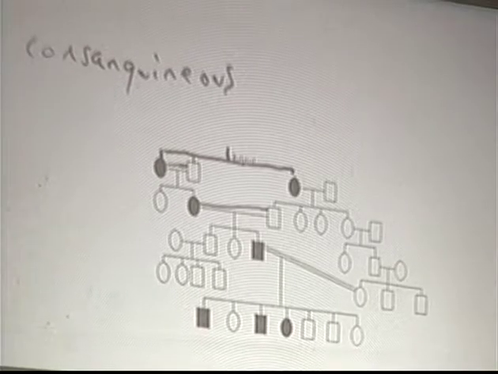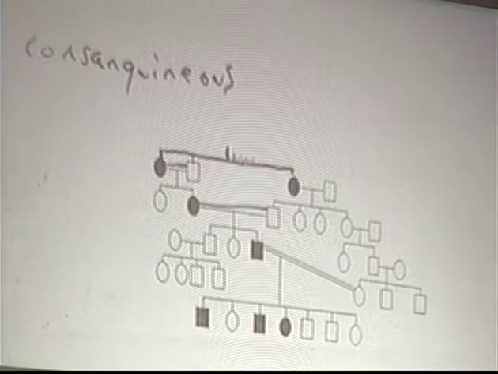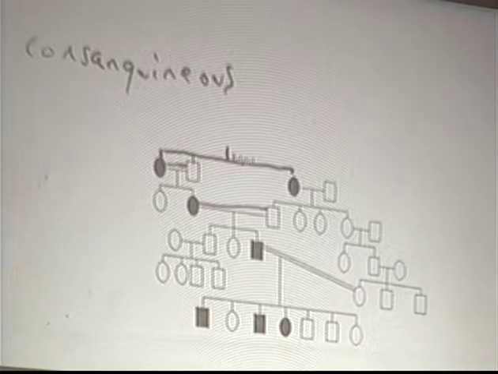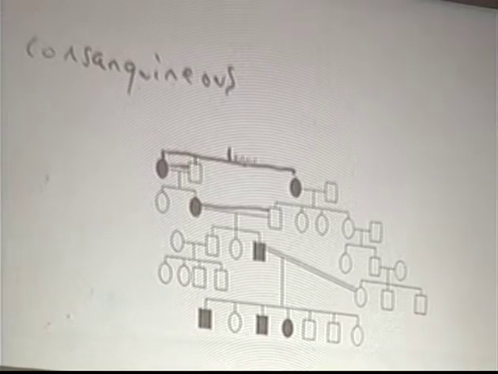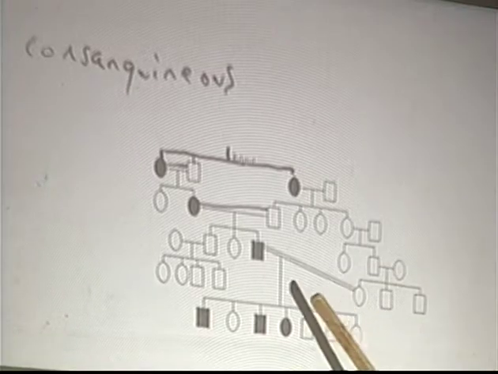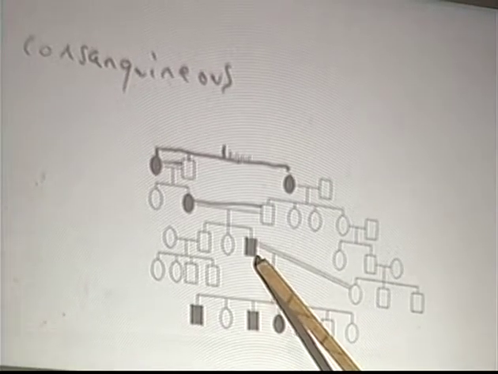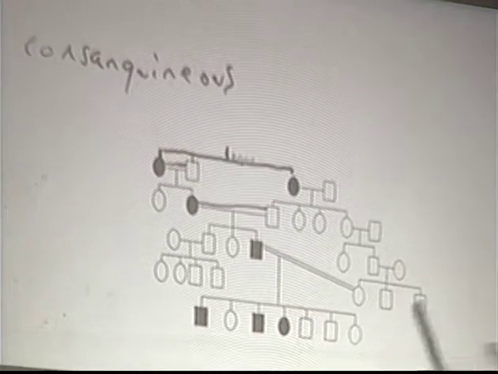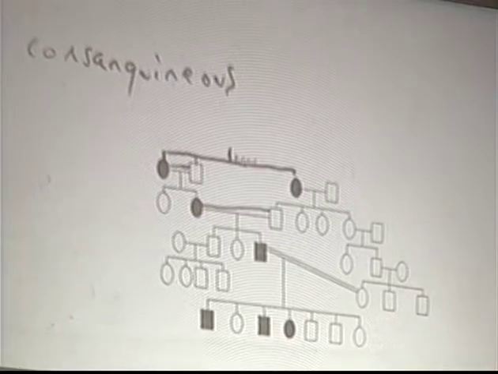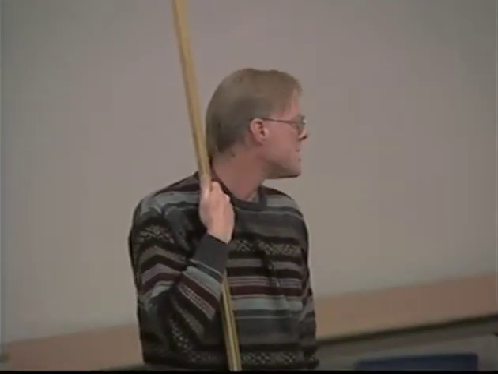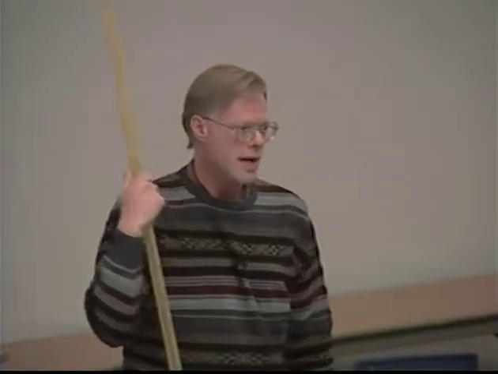Okay, so is it X-linked or is it autosomal? It's autosomal, probably. The thing you want to look for with X-linked dominance especially is the offspring of affected males. This affected male ought to transmit the trait to every single one of his daughters because they have to inherit his X. Since there are some daughters there that are unaffected, you know that this is not likely to be an X-linked trait.